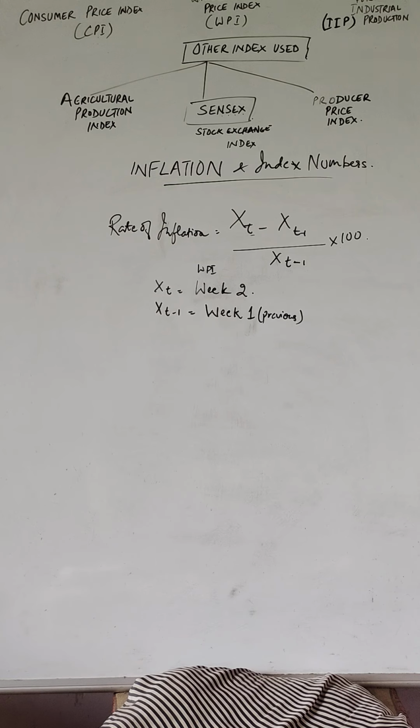So then we see that it is because of this, because it measures inflation. Wholesale price index, consumer price index, and industrial production index are all widely used in policy making by the government. The consumer price index, or the cost of living index numbers, helps in the negotiation of wages.